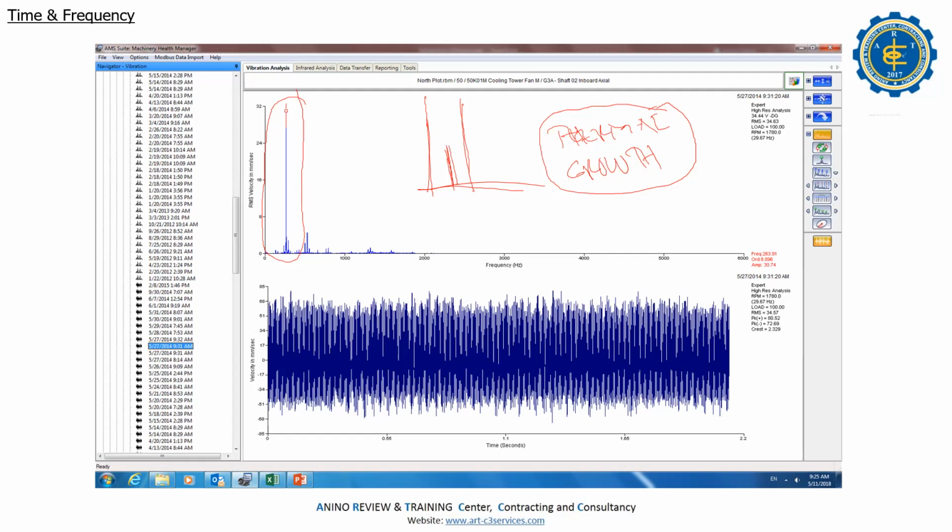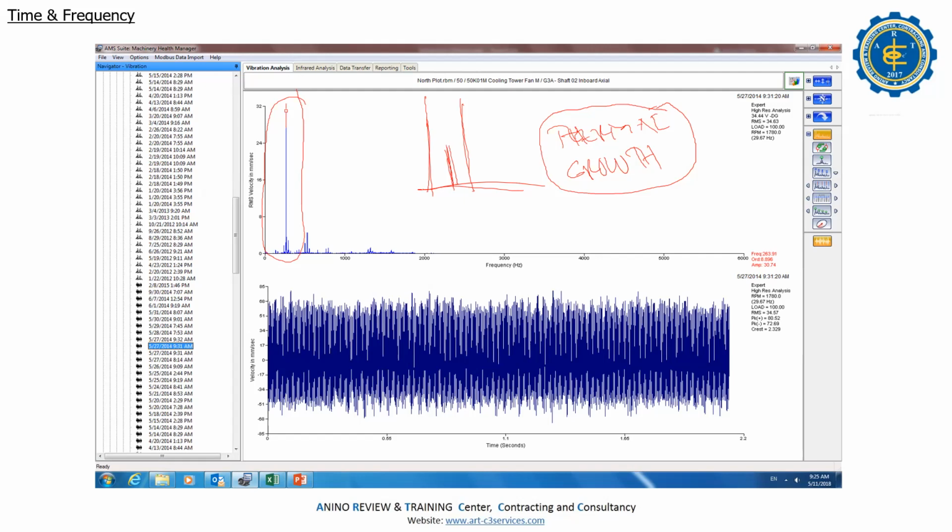Because they are the engineer, they are the one to take action if we need to replace a bearing or repair. But the decision is from me, because I know the equipment well and I know this analysis.